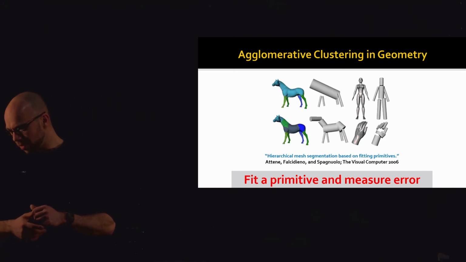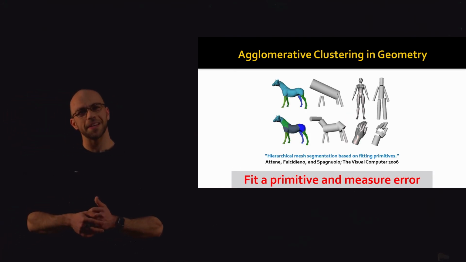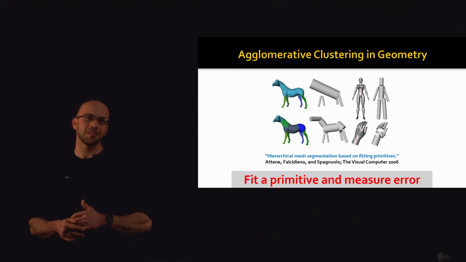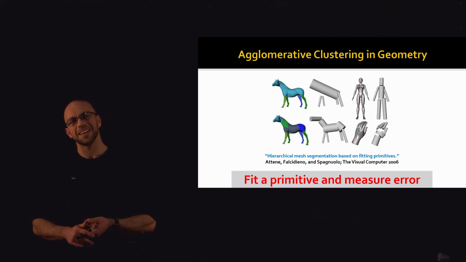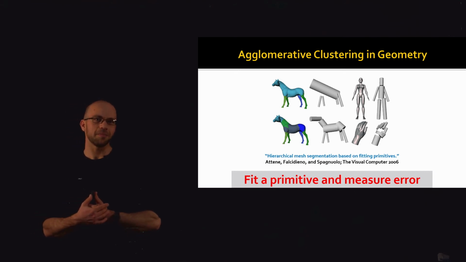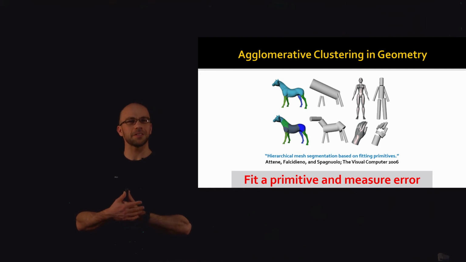This can be useful, for example, if I want to approximate a horse with a cannon. No, but here's one of the early algorithms for surface segmentation. Essentially it said maybe I want to find a segmentation of a surface into parts that look like some library of basic primitives like cylinders and spheres.